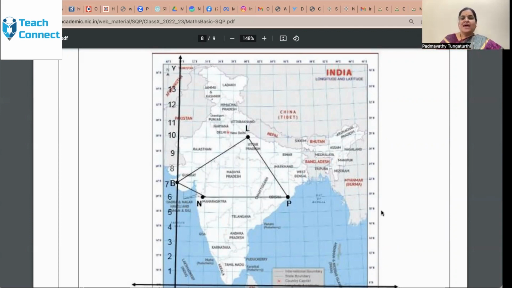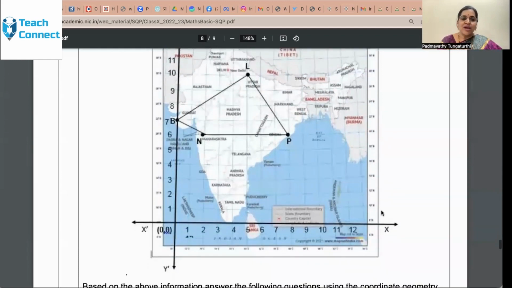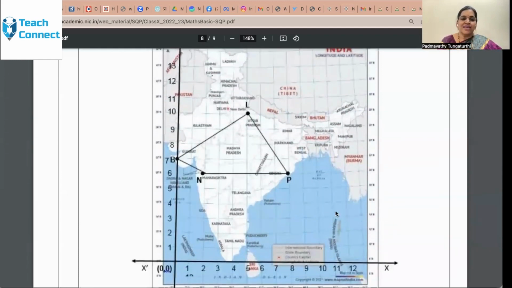Then understand, they have given all other states or places also here, to understand where is Bhutan, where is Bangladesh, Nepal, Myanmar. Check where is Tamil Nadu, Andhra Pradesh, Telangana. My God, there is complete geography.